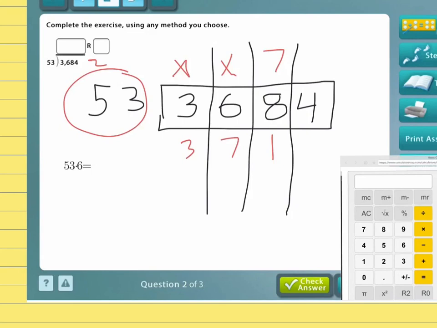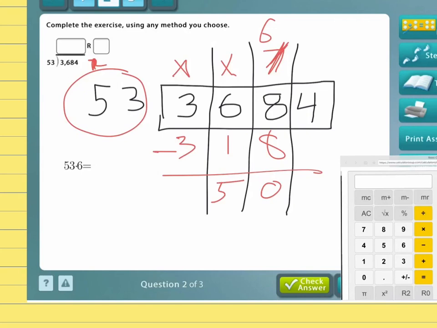I'm going to redo my estimate and make that 6. Since I overestimated, I'll revise it down. 6 times 3 is 18, so I will put the 8 there. I'll regroup a 1 up here this time. 6 times 5 is 30 plus 1 is 31. Subtract that to find the difference, and I have 50 as the difference.